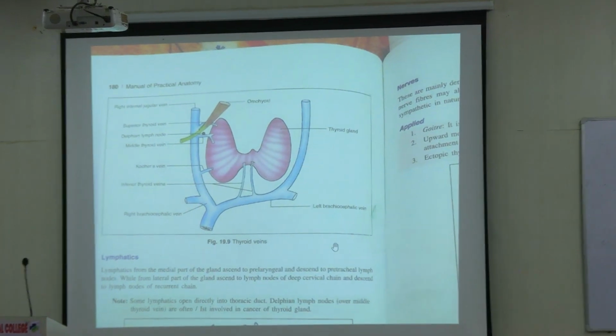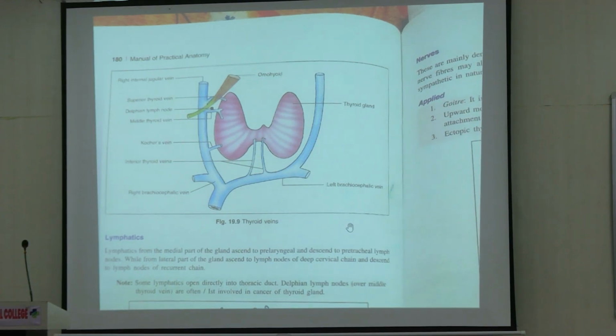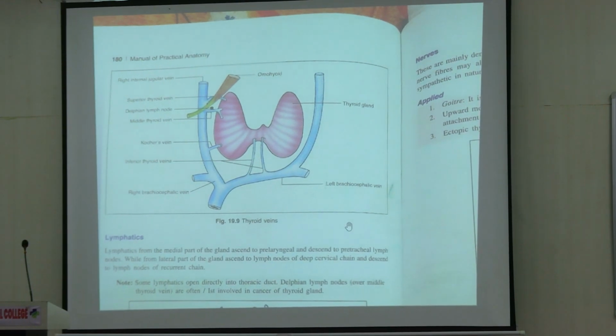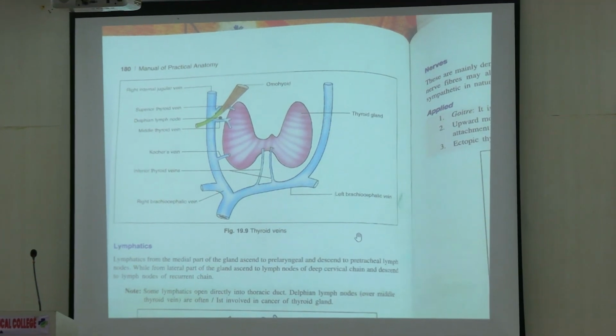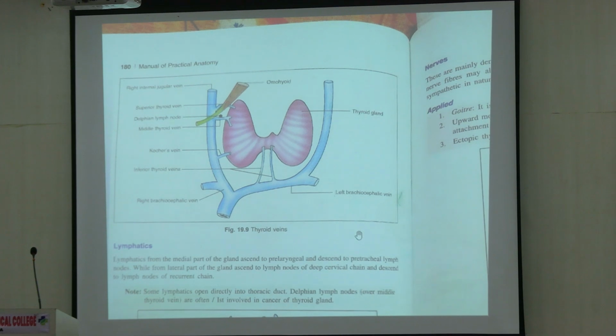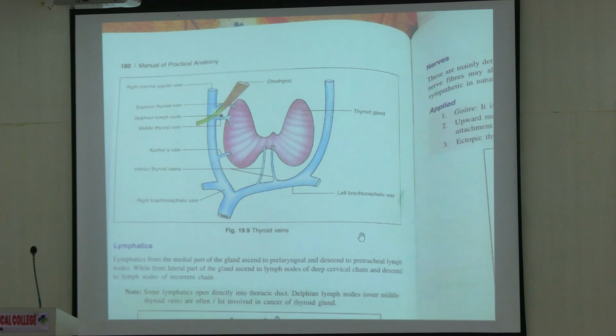One important lymph node you see here, just above the middle thyroid vein. What is the name of that lymph node? Delphian lymph node. Why is this Delphian lymph node important?